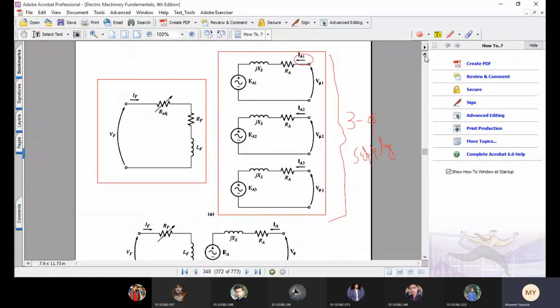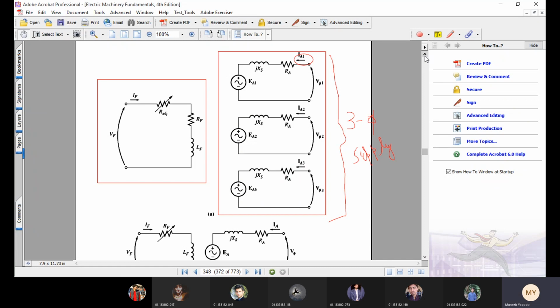Because often what happens is that I ask to draw the model for a synchronous motor and they draw the model for a synchronous generator, ignoring the fact that in case of a synchronous motor, IA must flow from V5 towards EA. There must be a three-phase supply towards the right-hand side.